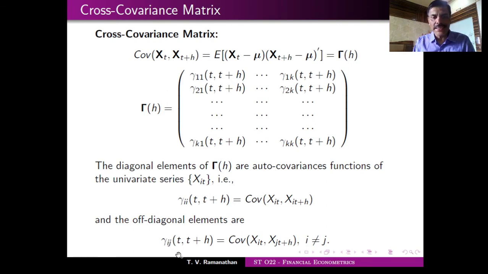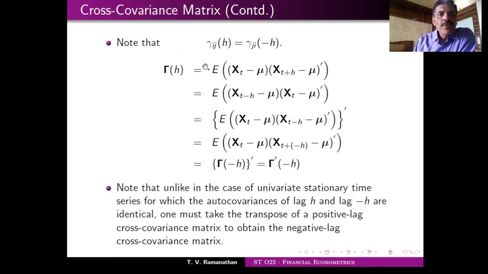Okay, so gamma_ij(t, t plus h) is the covariance between x_it and x_j,t plus h, whereas gamma_ii is the covariance function of the ith component of the vector, which we have learned in the univariate case in the last course.